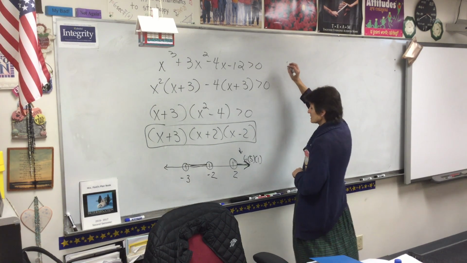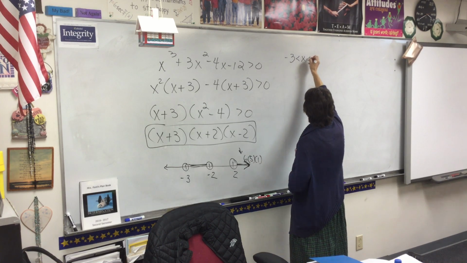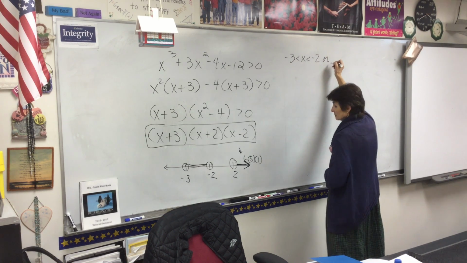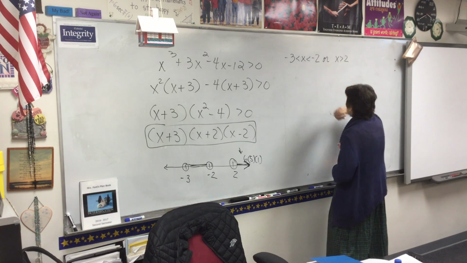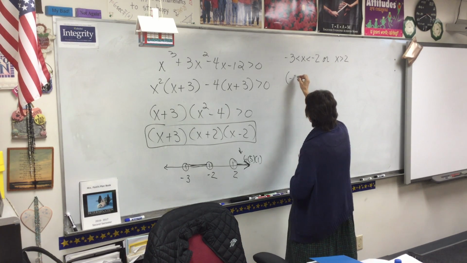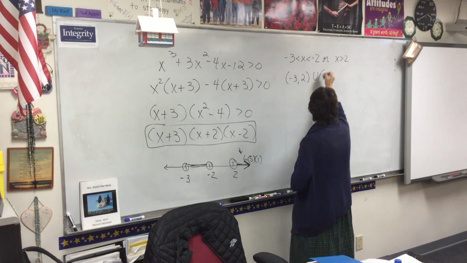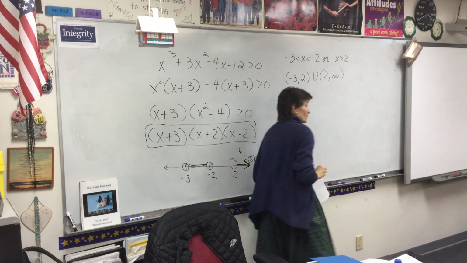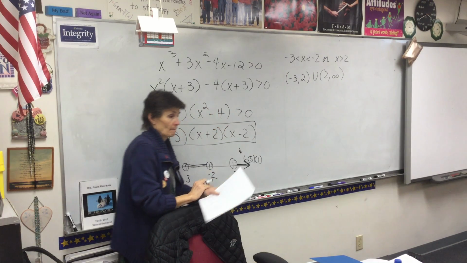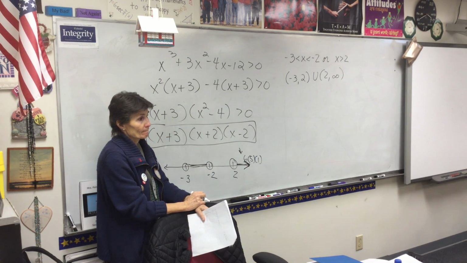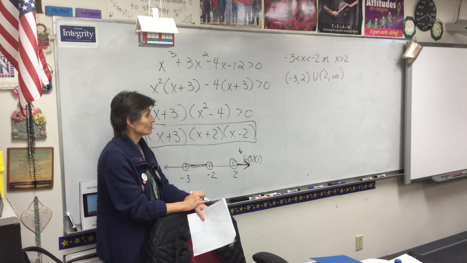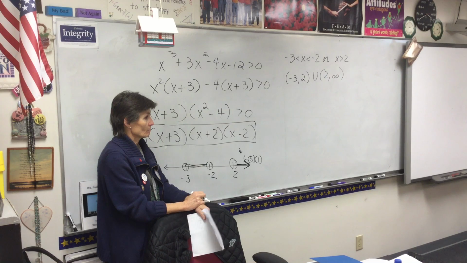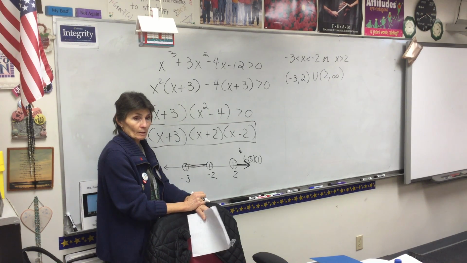We're going to write it as a set, which would look like this, or we're going to write it with interval notation, which would look like that. Or it's a union symbol, and in set land that means or. Okay?